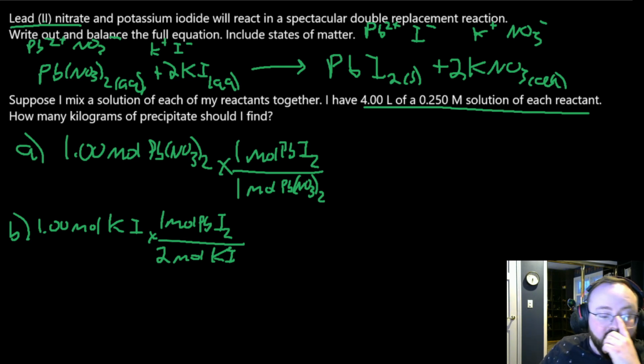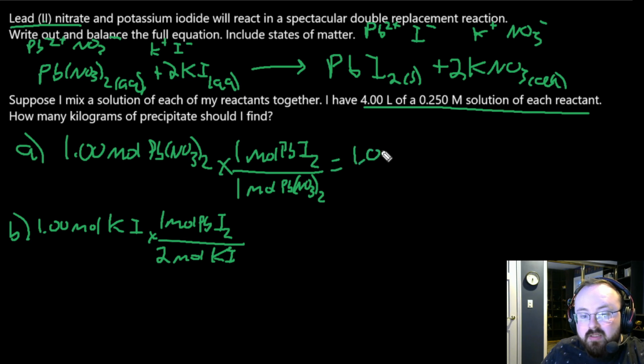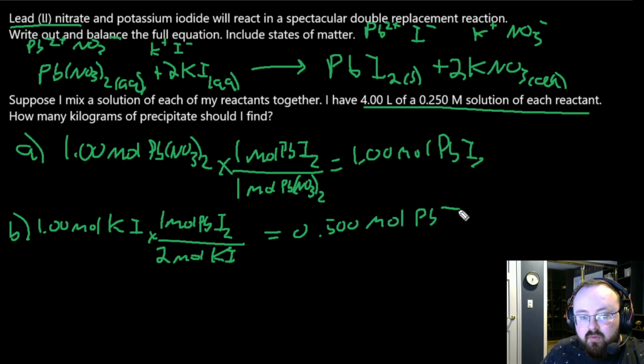So if I start with 1 mole, I'm going to end up with less. We can already tell that my limiting reactant is going to be KI. Just by doing this, I'm going to end up with 1.00 moles of PbI2 from the lead nitrate, and down here 0.5000 moles of PbI2. Just already in this conversion.